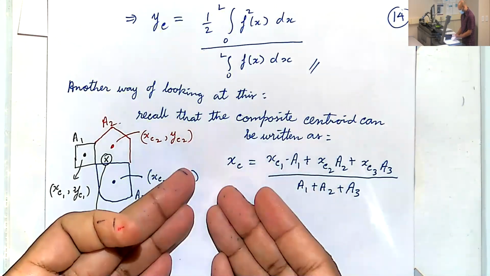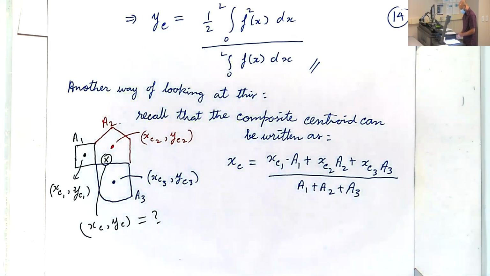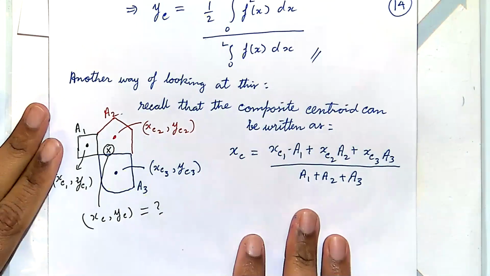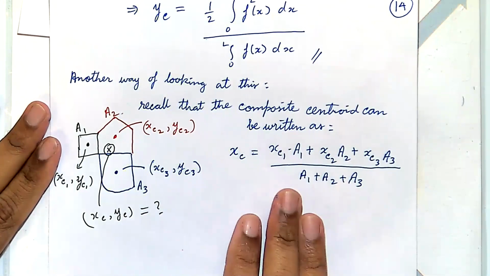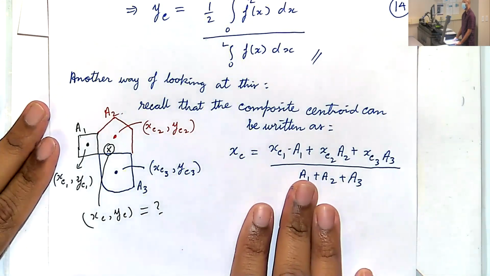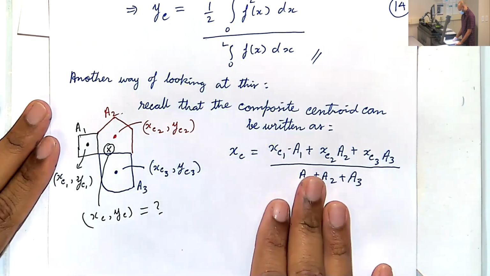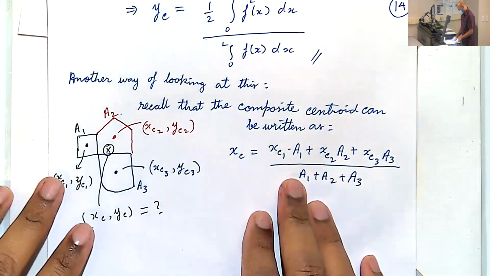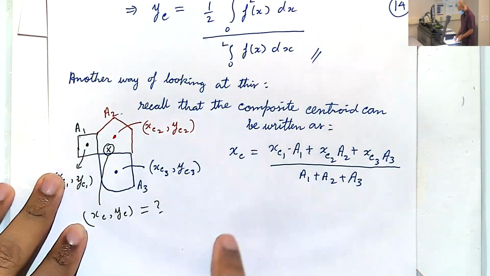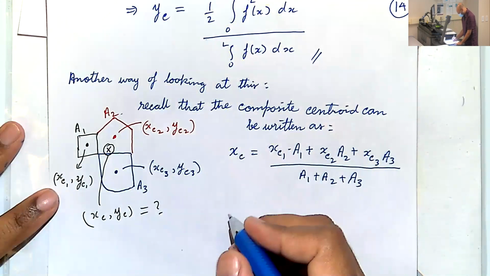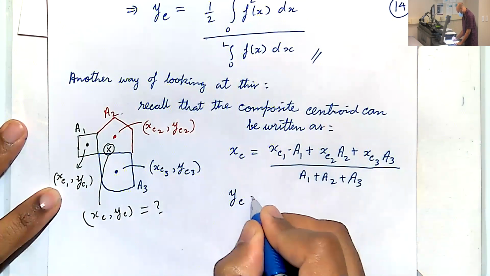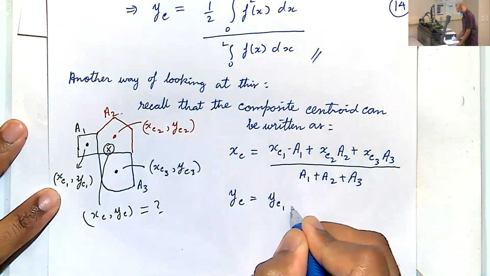You have to have meter on the left and on the right. Yeah, that makes sense. All right. So this you've probably seen in other classes. You do the same for YC. So Y centroid is YC1 times area 1.